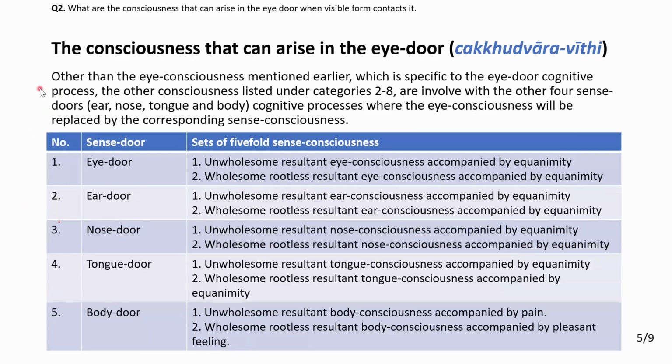Other than the eye consciousness, which is specific to the eye door cognitive process, the other consciousnesses listed under categories 2 to 4 are involved with the other four sense doors. But I just list them here for my own revision.